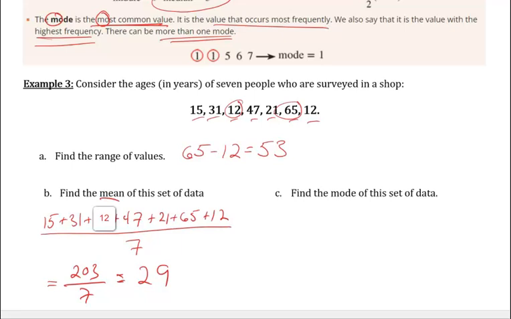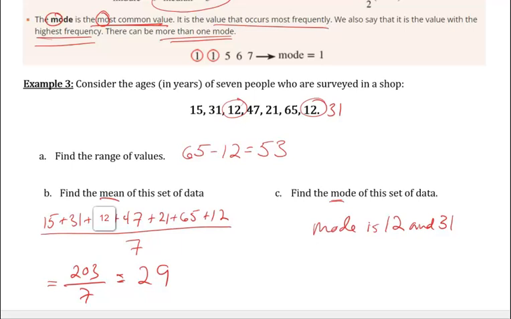Now find the mode. The mode is the one with the most. If I go back and look at my data set, I've got one of everything except 12. So 12 is the only one that appears twice, so the mode is 12. If, just saying, I had another 31 on there, I could say the mode is 12 and 31.